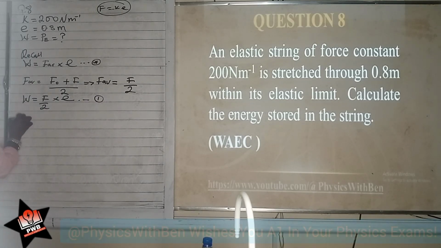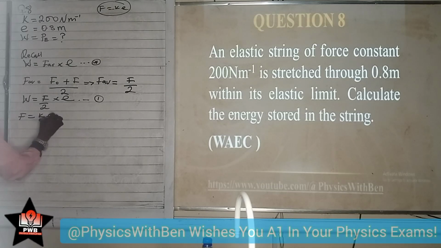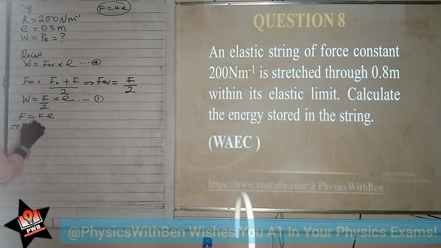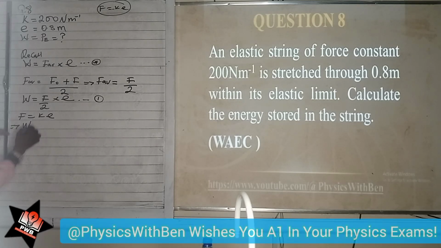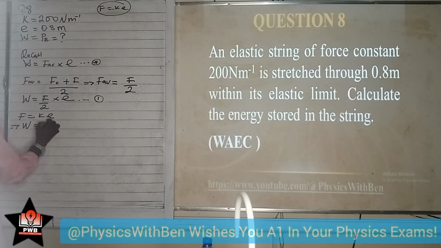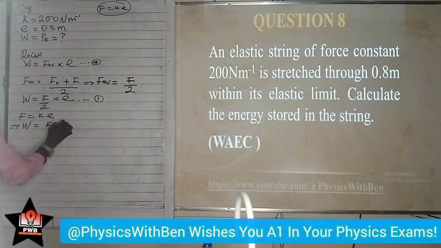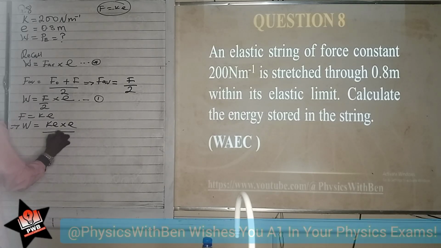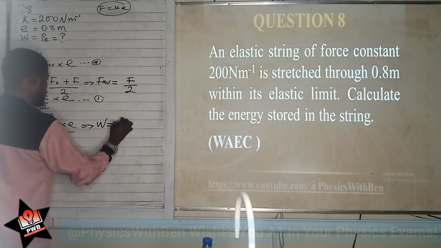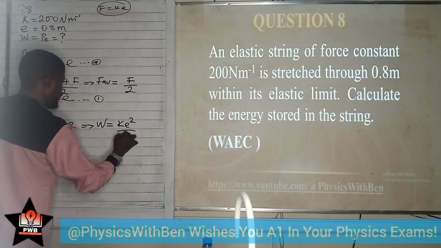But recall that F is equal to KE. So this implies that W is equal to KE times E all over 2, so W is equal to KE squared all over 2.